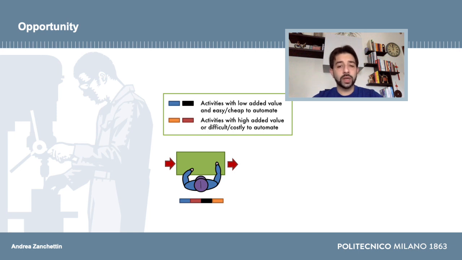Here we have a completely manual station, and the red arrows exemplify the workflow of the process. There are four activities. The blue and the black are activities with low added value and very easy or cheap to automate, while the yellow and the red are activities with a high added value and are difficult or typically costly to automate.